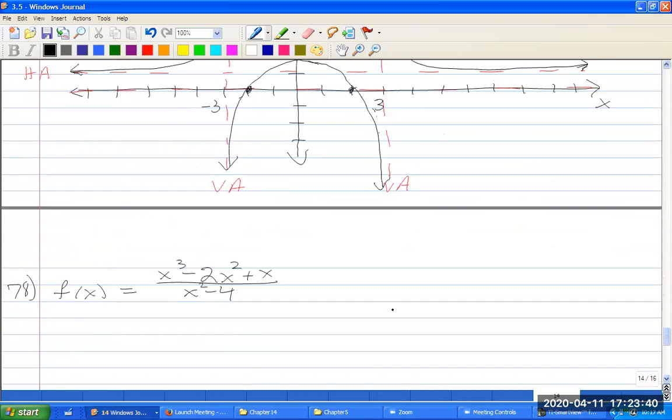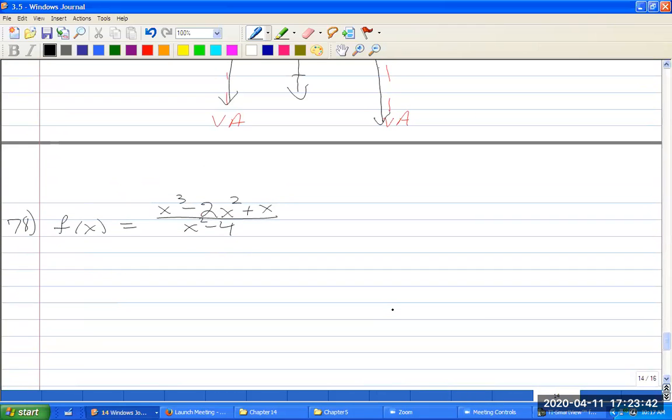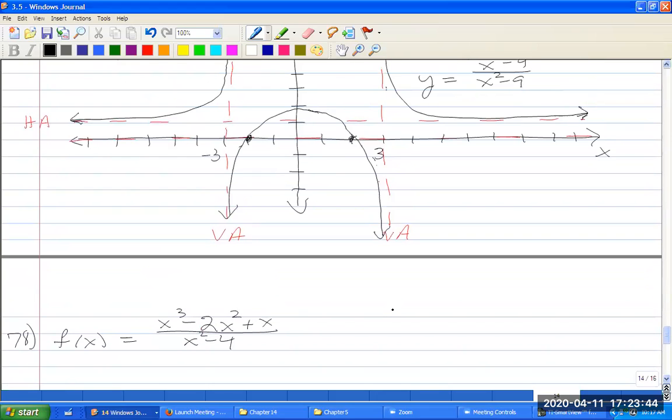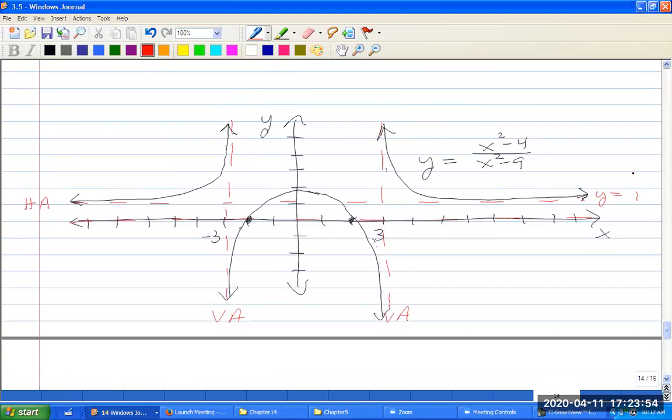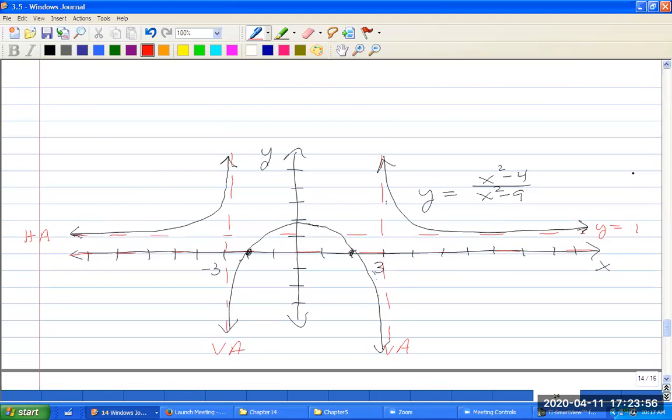The horizontal asymptote is y equals 1. The vertical asymptotes are at x equals 3 and x equals negative 3. The only x-intercepts are at plus or minus 2.